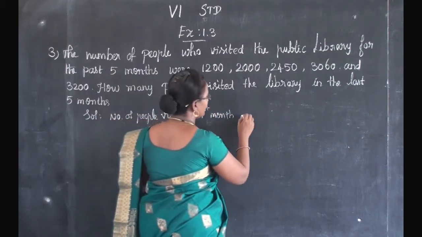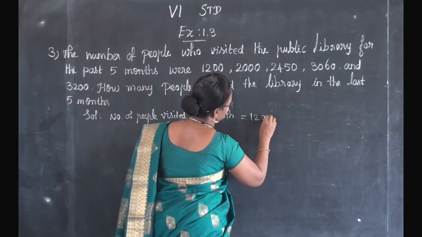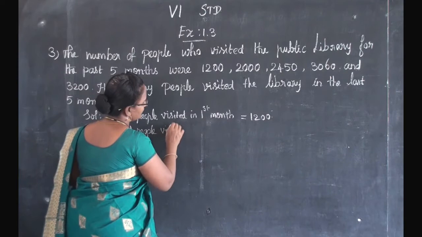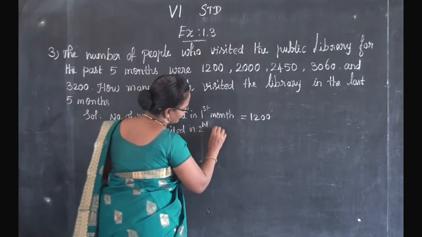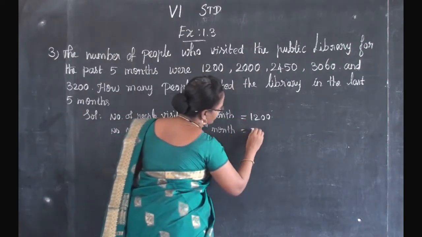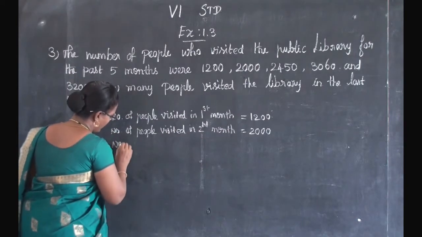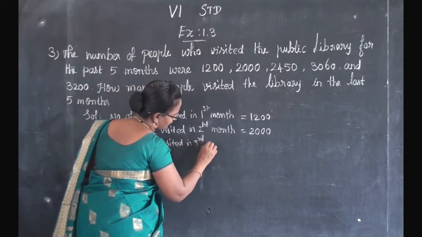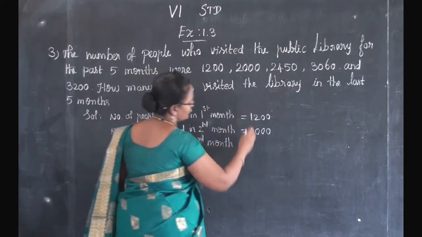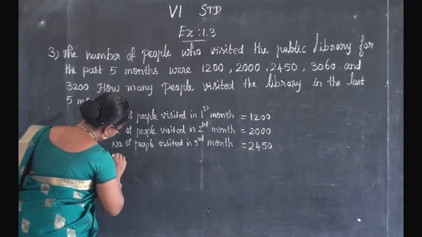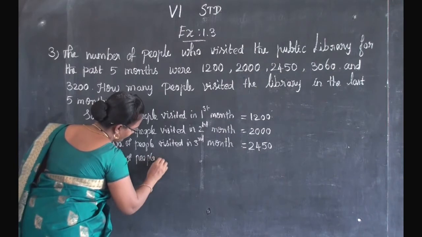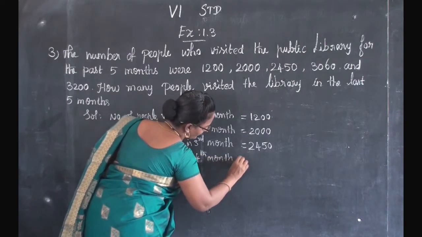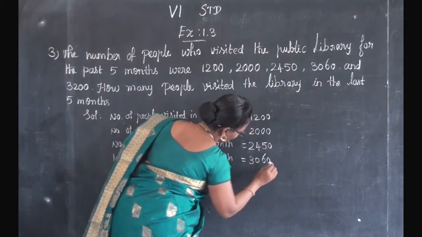Number of people who visited in the first month, 1,200, and then the number of people who visited in the second month, that is 2,000, and then the number of people who visited in the third month, that is 2,450, and the number of people who visited in the fourth month, that is 3,060.